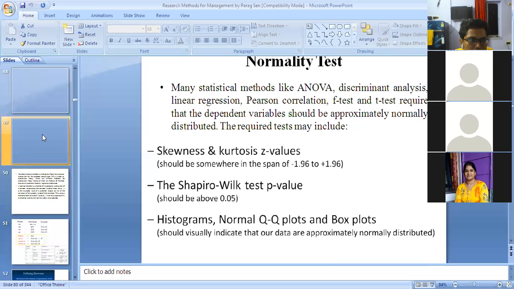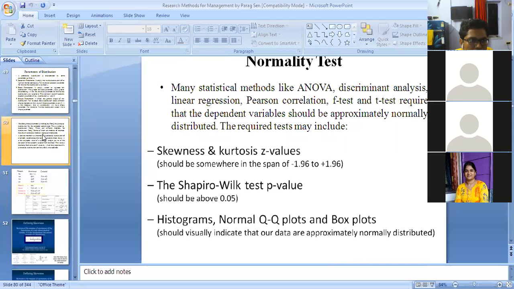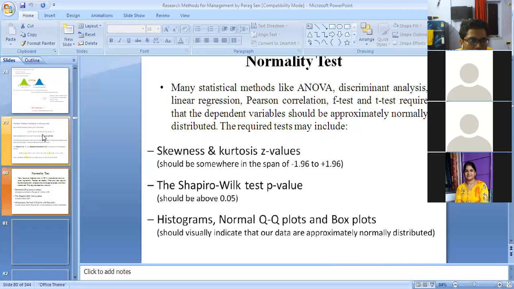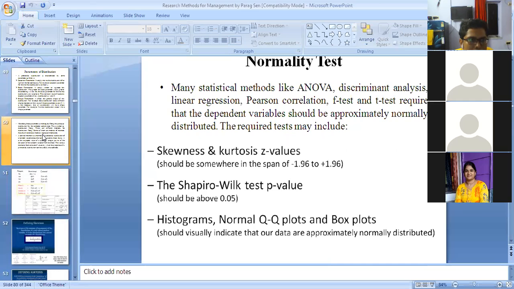I'm trying to show you one example that was there. I'm not getting that example. Another example we can see.